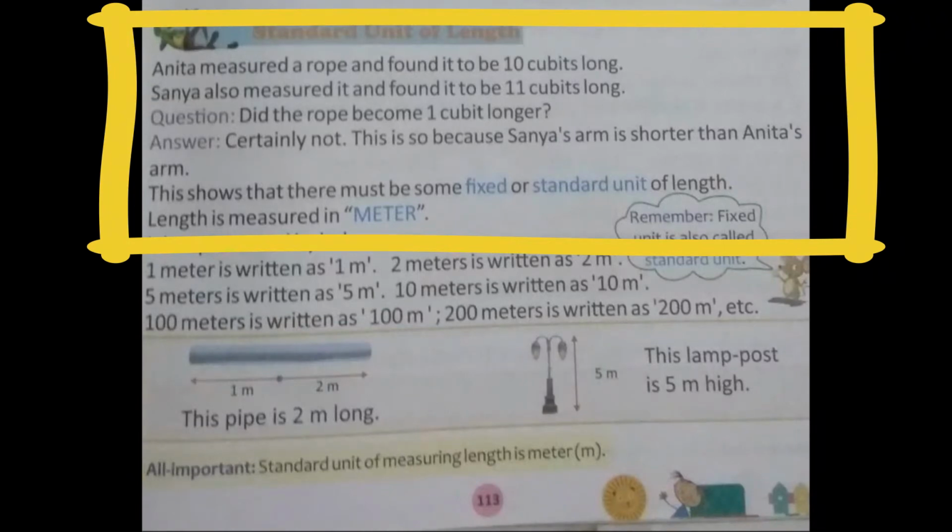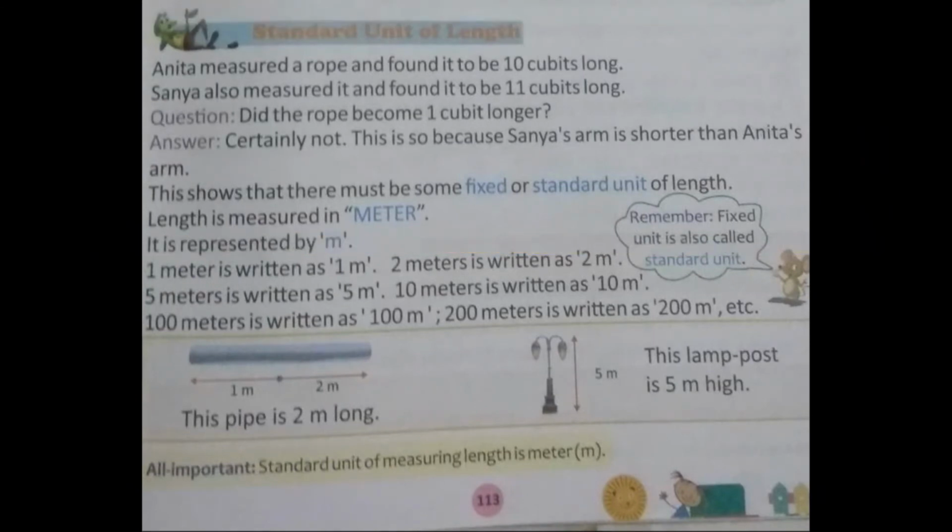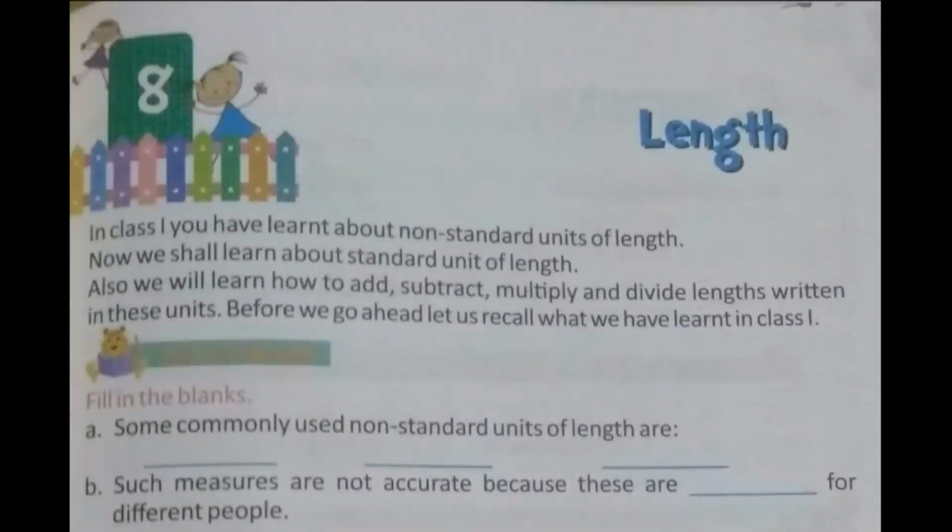We can't use it for measuring standard things. If you want to keep a standard record, we have to measure it with the standard unit. So before going further, let's try to solve this.